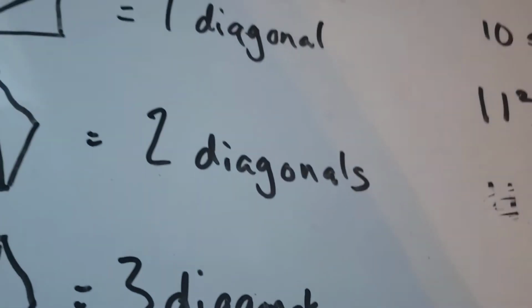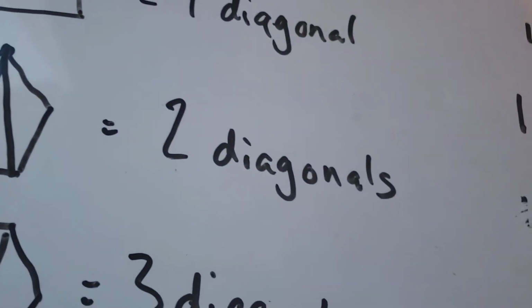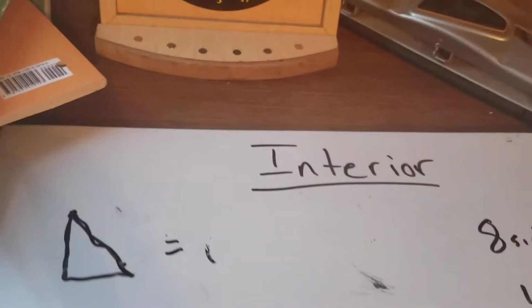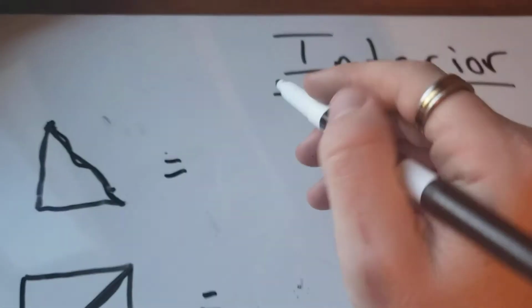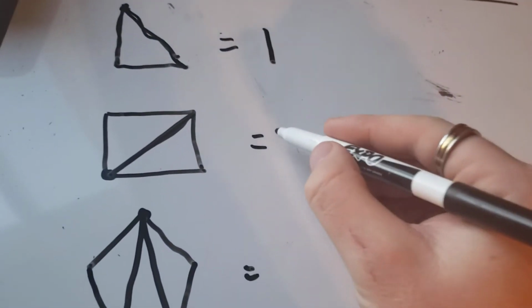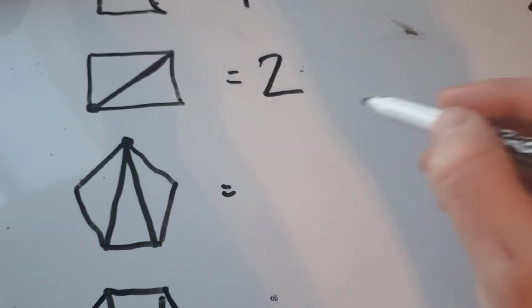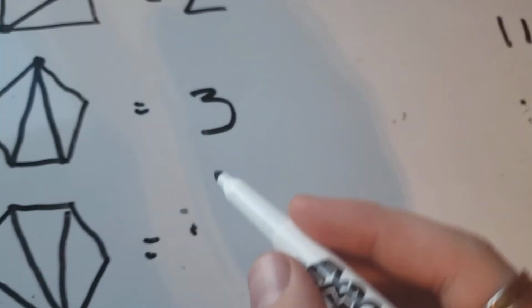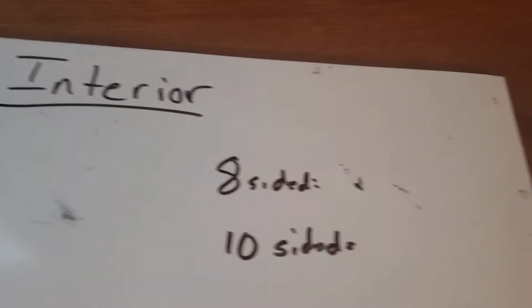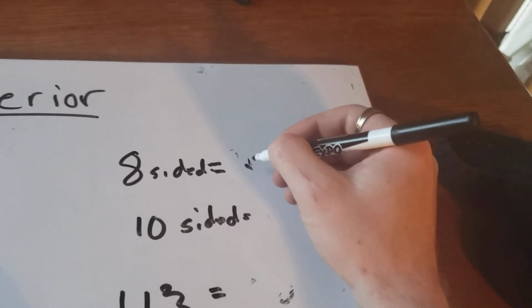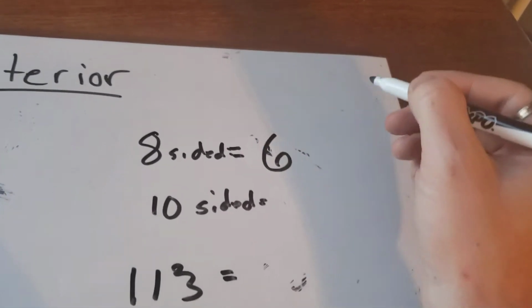All right, let's look and see if we can come up with a rule for the number of triangles that a certain shape will have. All right, 3-sided shape is a triangle. How many triangles does that make? 1. 4-sided shape. How many triangles do we have? 2. 5-sided shape. How many triangles does that have? 3. 6-sided shape. How many triangles? 4. 8-sided shape. Make a prediction here. How many triangles is it going to have? If you guessed 6, you guessed right. 10-sided shape.